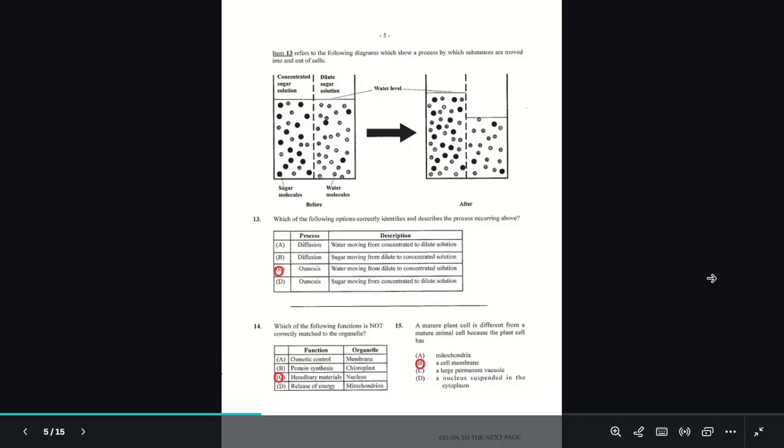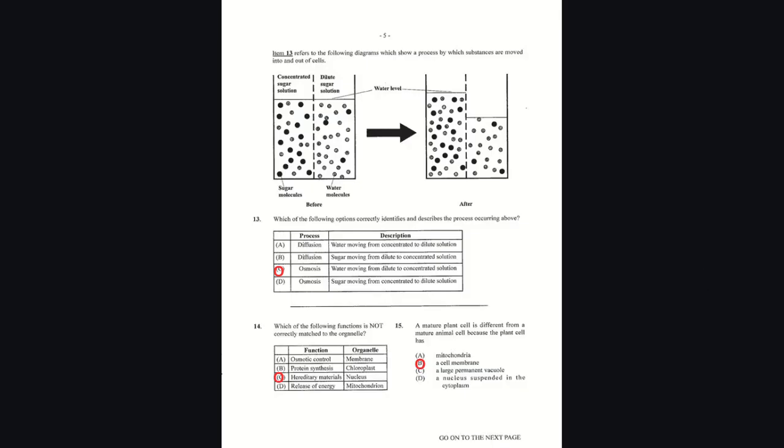Number 14, which of the following functions is not correctly matched to the organelle? We have A, osmotic control to the membrane, B, protein synthesis to the chloroplast, C, hereditary materials to the nucleus, and D, release of energy to mitochondria.